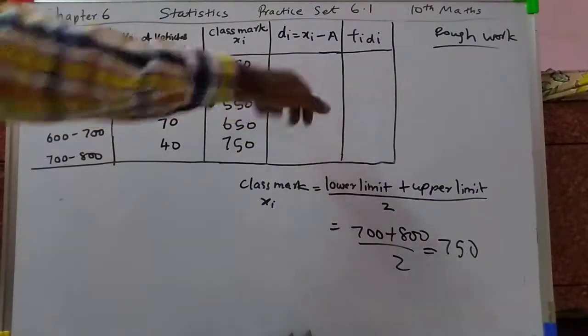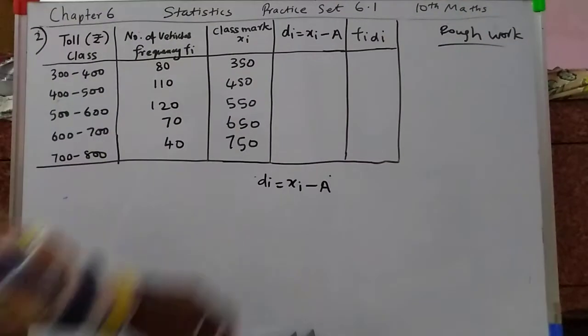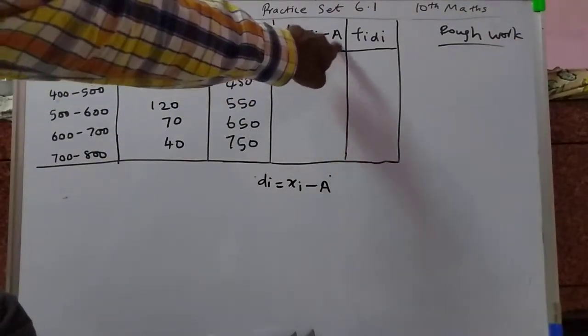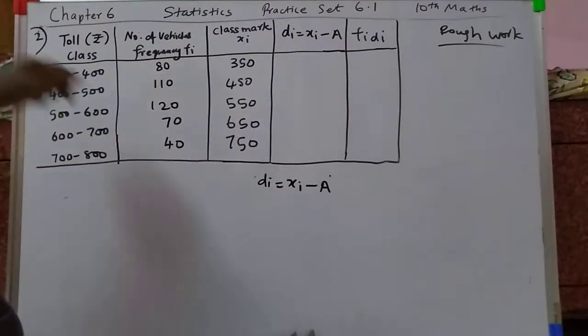Now we will calculate this, d as x minus A. But what is A? A is the middle one, okay.